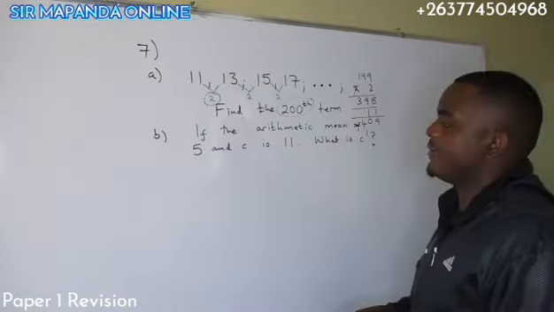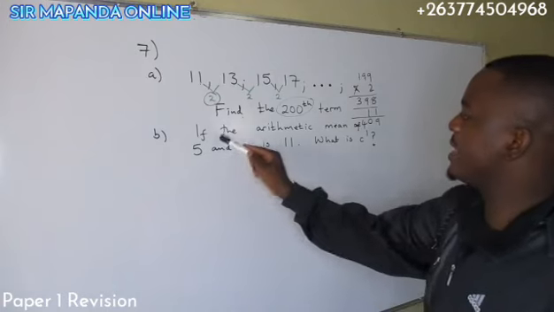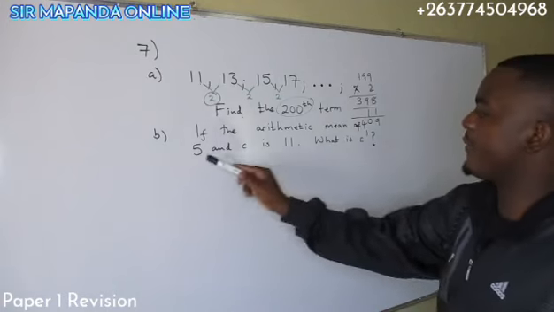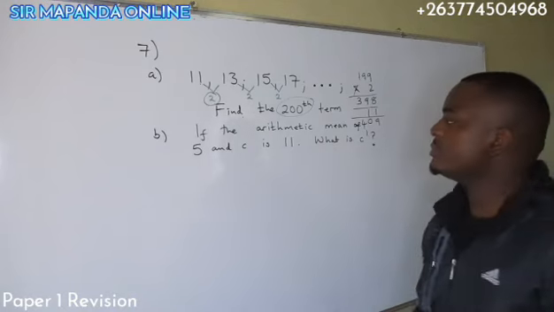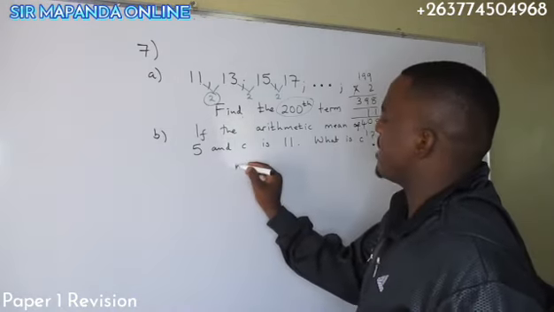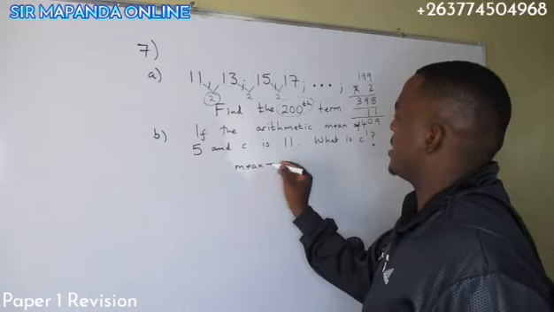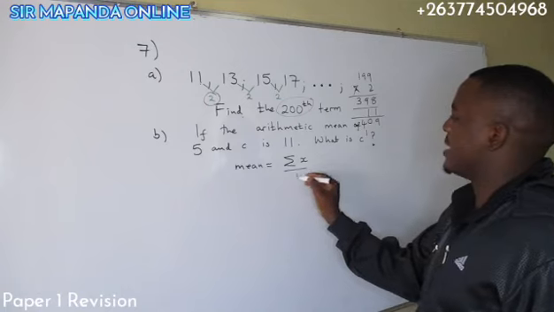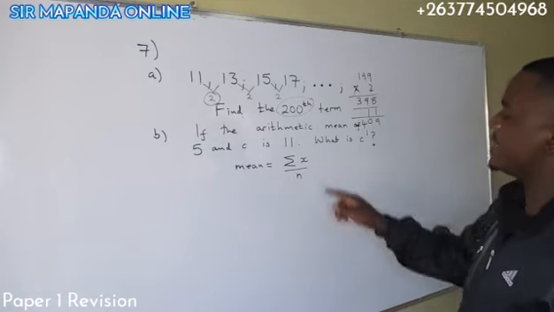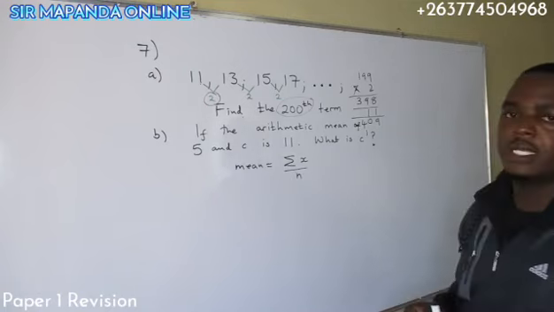Now on number 7b, it reads, if the arithmetic mean of 5 and C is 11, what is C? So remember, mean is found by the formula summation of x over n, where x is representing the quantities.